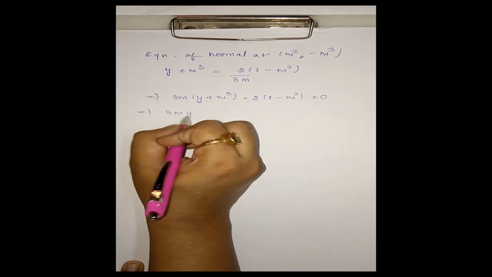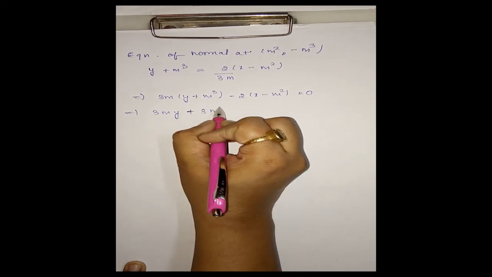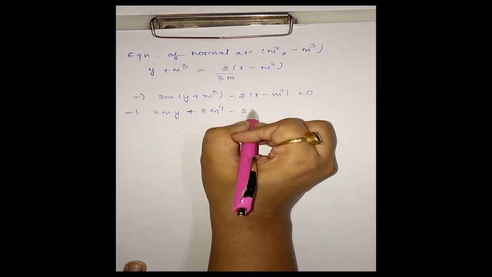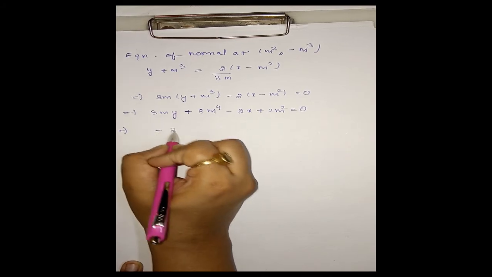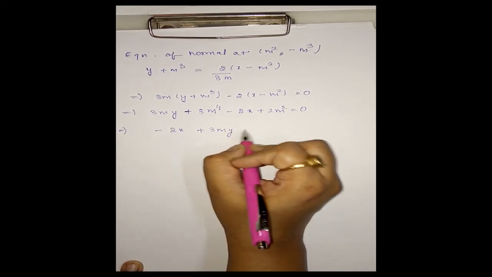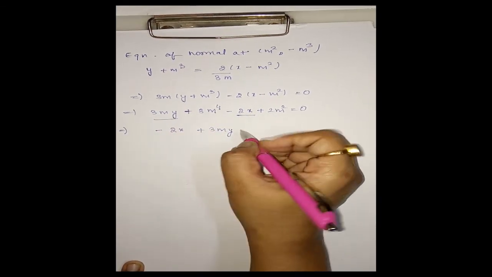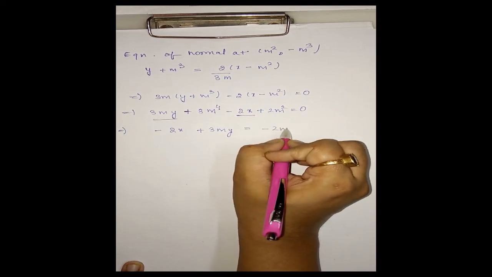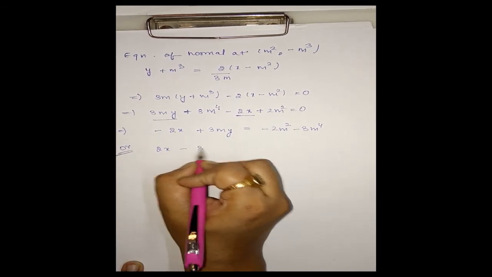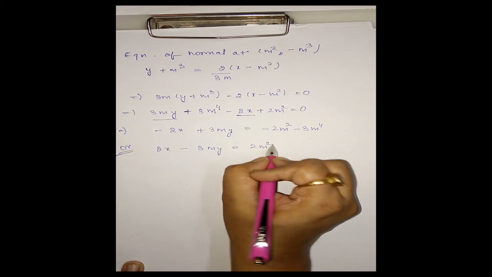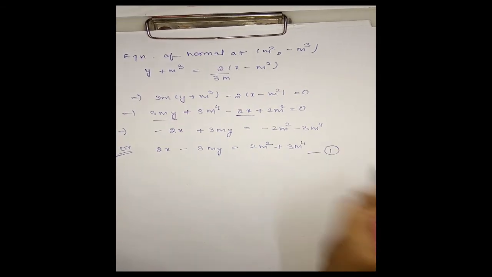That is 3my + 3m⁴ − 2x + 2m² = 0, so −2x + 3my = −2m² − 3m⁴, or I can write this as 2x − 3my = 2m² + 3m⁴. Mark this as equation number 1.